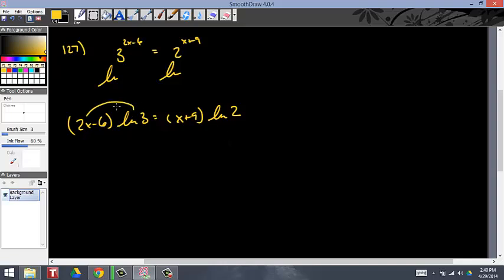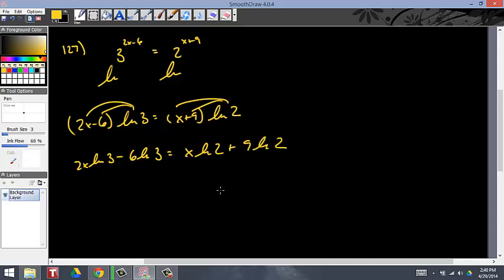I have to distribute this thing in. 2x ln 3 minus 6 ln 3 equals x ln 2 plus 9 ln 2. In every single equation, you move all the x's to one side, and then you get everything else to the other side. So I'm going to move the x to the other side. And I'm going to add 6 ln 3 to both sides.